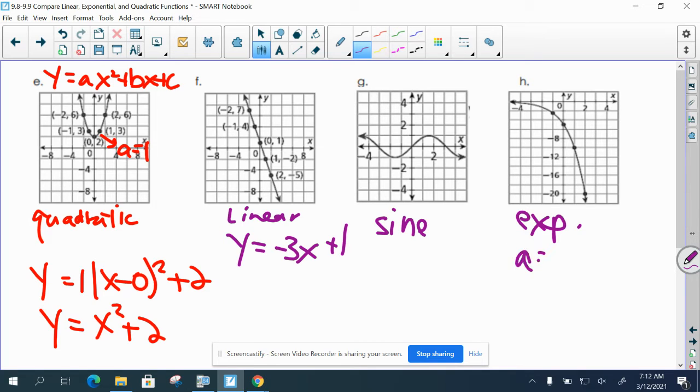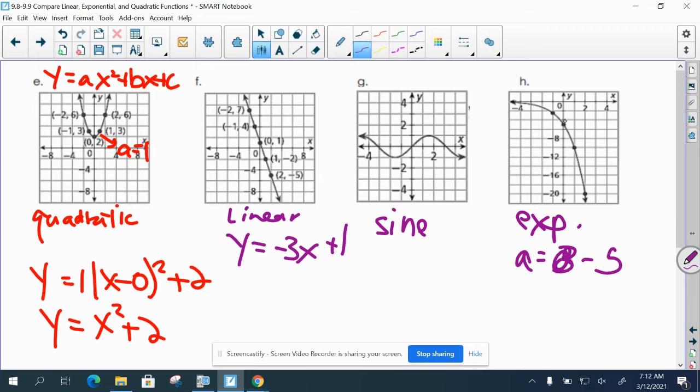So the y-intercept would be, this goes 2, 4, so this is 3. Oh, I'm sorry, that's not 3, that's 5. That's negative 5.